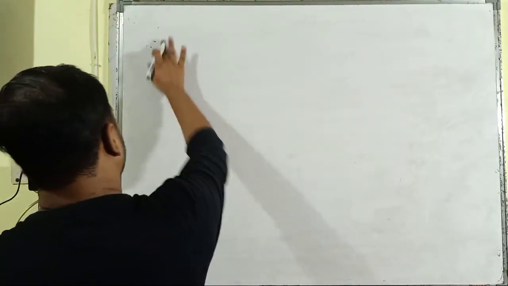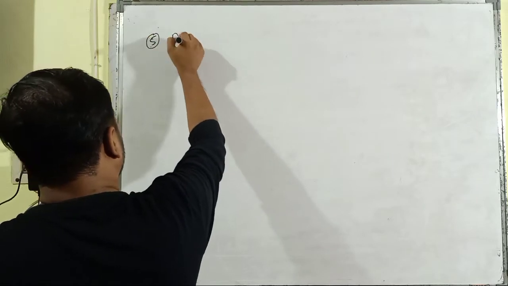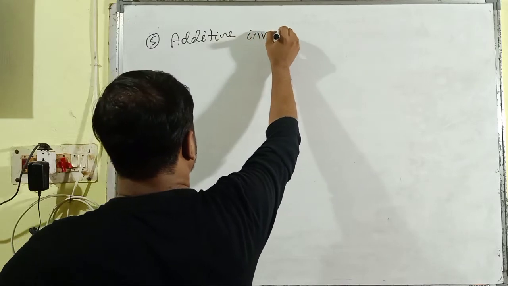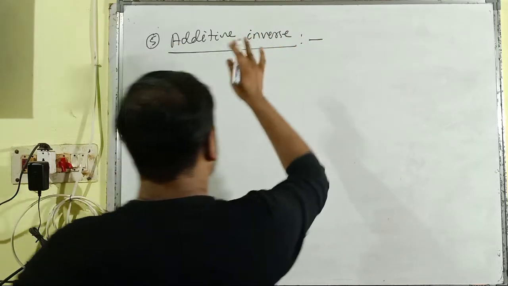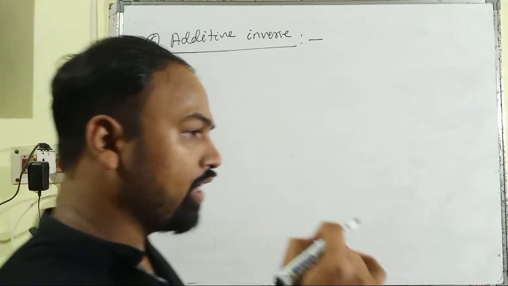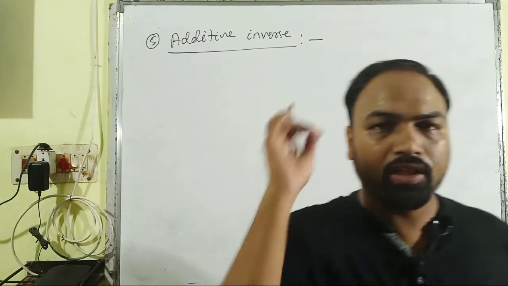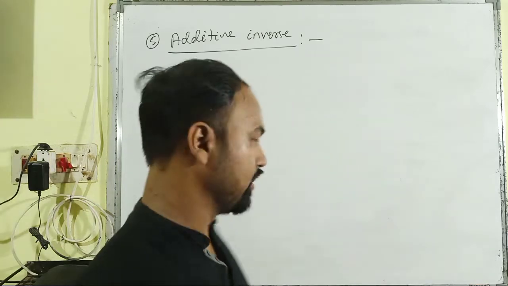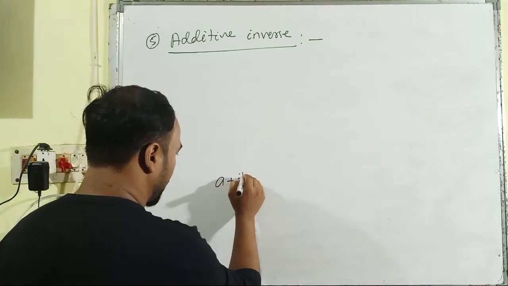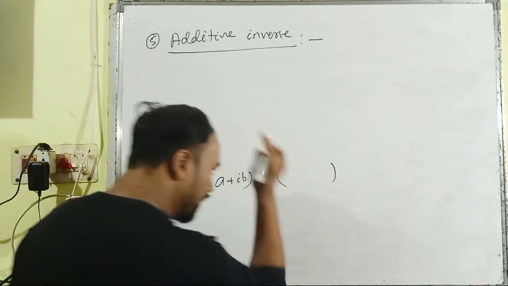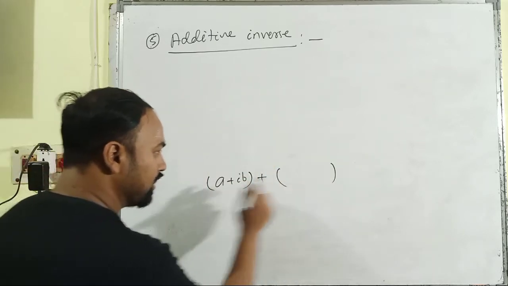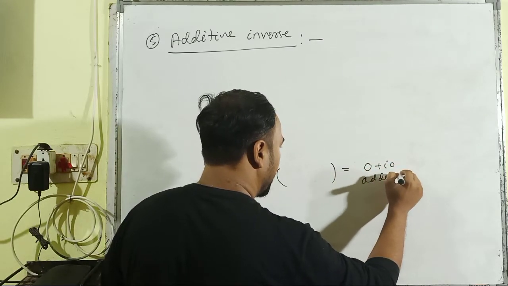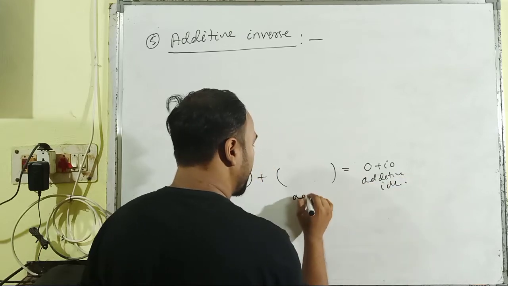The fifth one, the last property, is additive inverse. And what is the fundamental behind the additive inverse? We have to find such a complex number for the given complex number so that their addition will be the additive identity. Let us take the help of a plus ib again. We have to find such a complex number so that their addition will be the additive identity. Then this is called the additive inverse.